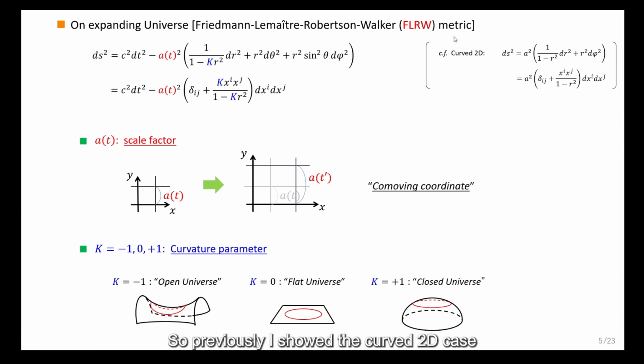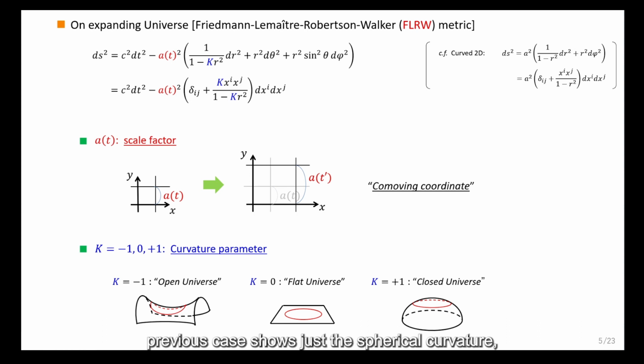Previously I showed the curved 2D case given by this form. If we consider three-dimensional space, you just change this part. The radius part is almost the same, but I added this parameter k.